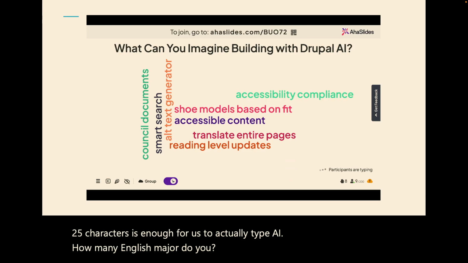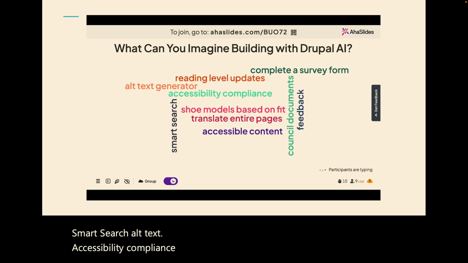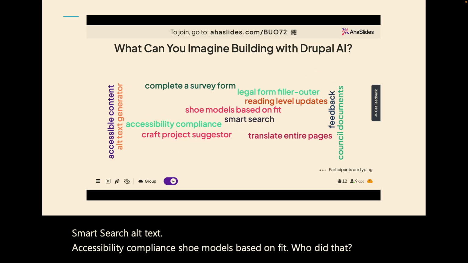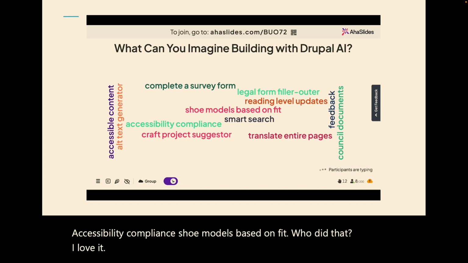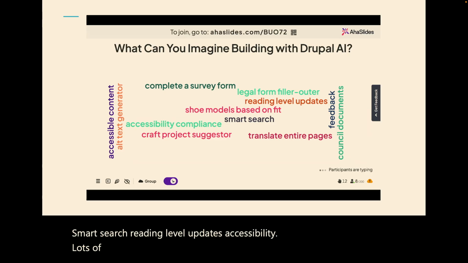Alt text. Accessibility compliance. Shoe models based on fit. Who did that? I love it. Smart search, reading level updates, accessibility. Lots of accessibility here.